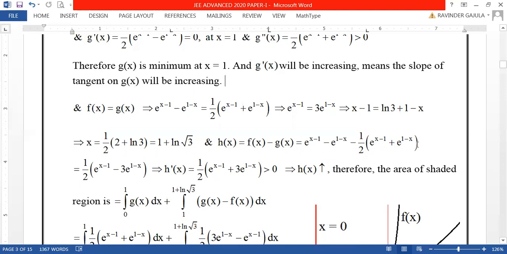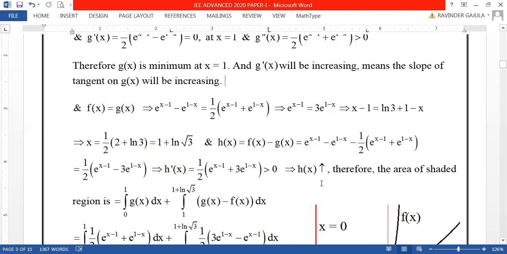F of x minus g of x is e power x minus 1 minus e power 1 minus x and half of this, right? Which is half of e power x minus 1, this one. And what is h dash x? H dash x is this, which is always positive. When this is always positive, h of x will be always increasing. That means f of x minus g of x is always increasing, right?